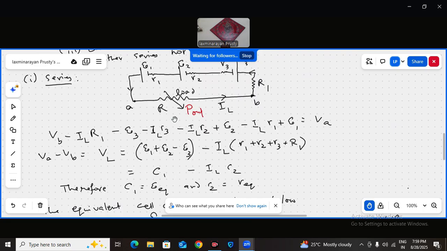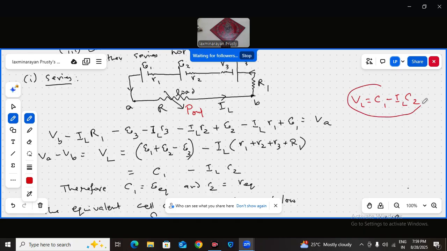So for that I have to write VL is equal to C1 minus IL C2. What is my aim is to write VL as C1 minus IL C2. This way I have to express. Let's say what I'm doing. VB minus, this is the load resistance, IL, same IL flows through this IL.